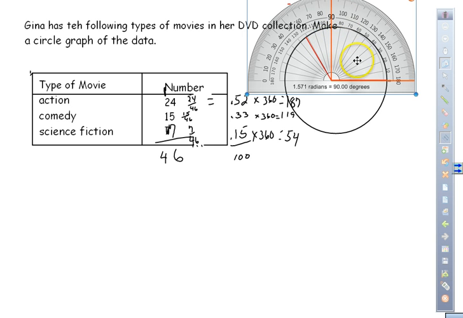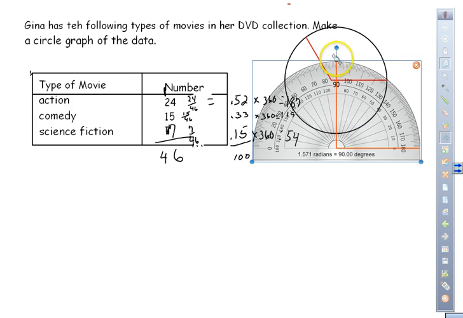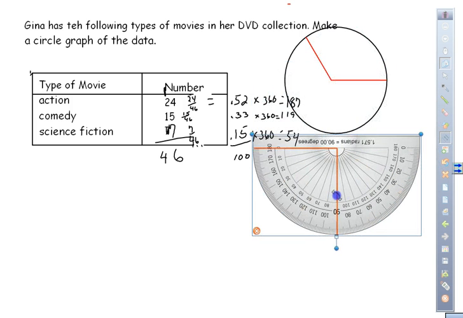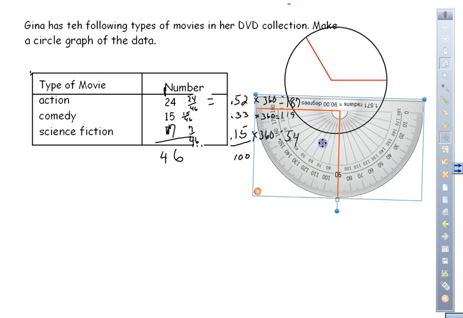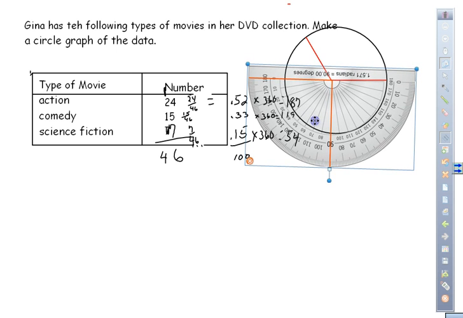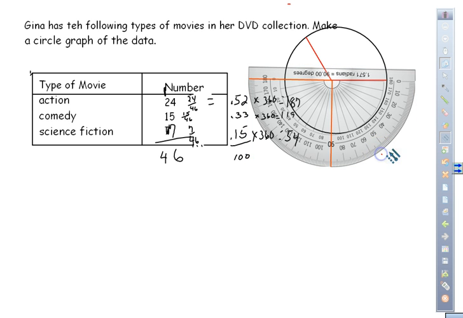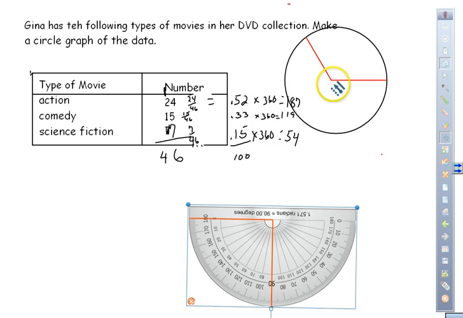And you'll get, whoops, we got to turn this. I'll just flip it upside down, make it a little bit easier so that I can get to it. So this, and I'm going to work off of that right there, and I get 54 degrees. So 54 is going to be about right here. And draw my line to there.